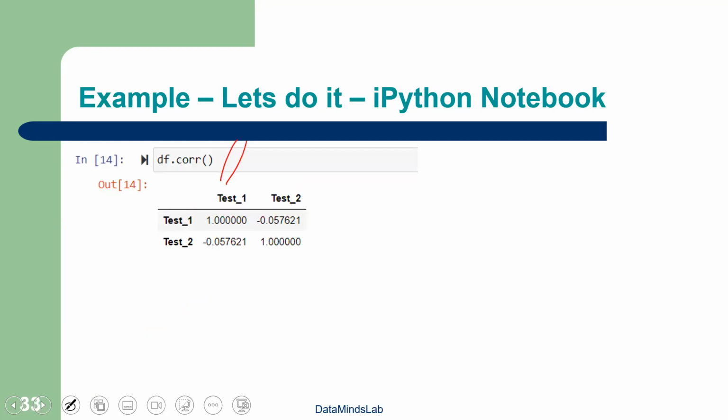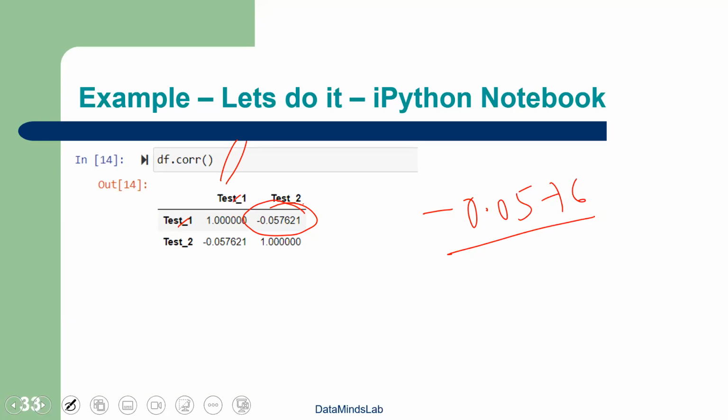Once I do this df correlation, leave aside this one, because test one to test one there will be perfect correlation, and test two to test two too, because you are checking it for the same variable. We need to consider this much. See, this is here: 0.0576 you have got. This is a different value from what I got manually.